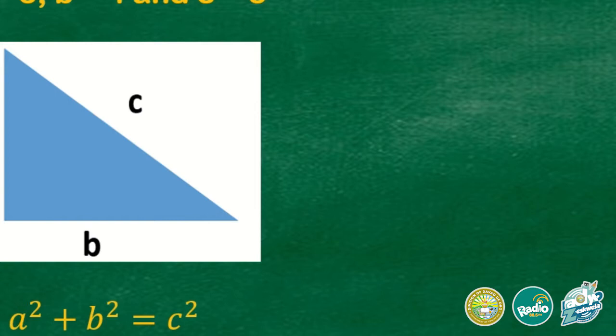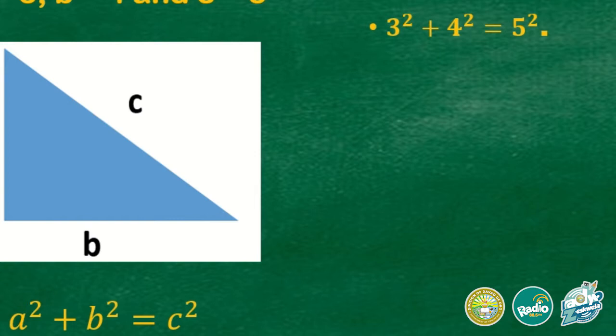Let us take it this way. a is equal to 3 and b is equal to 4, and since 5 is the measure of the hypotenuse, it will be the measurement of c. So, if we substitute the values in the formula, it will become 3 squared plus 4 squared equals 5 squared.